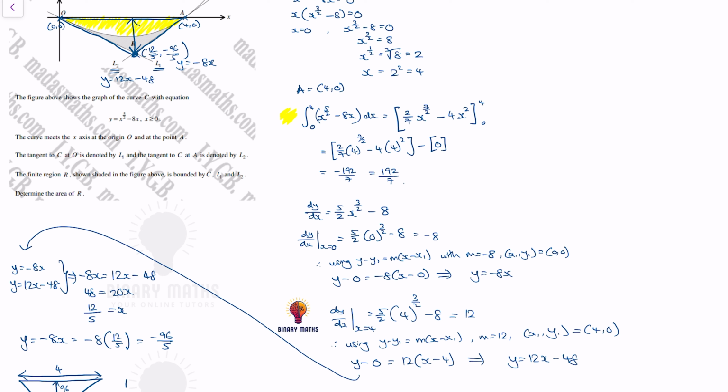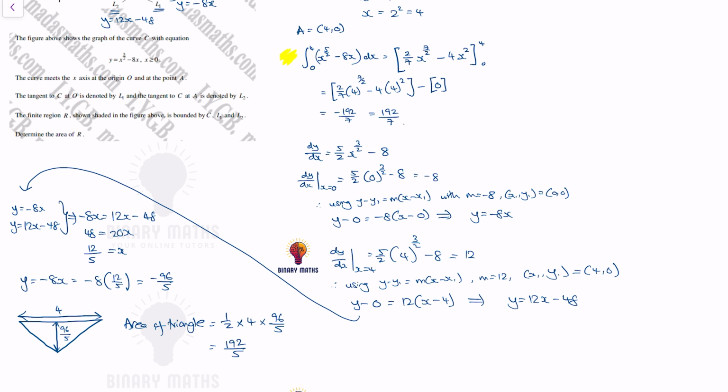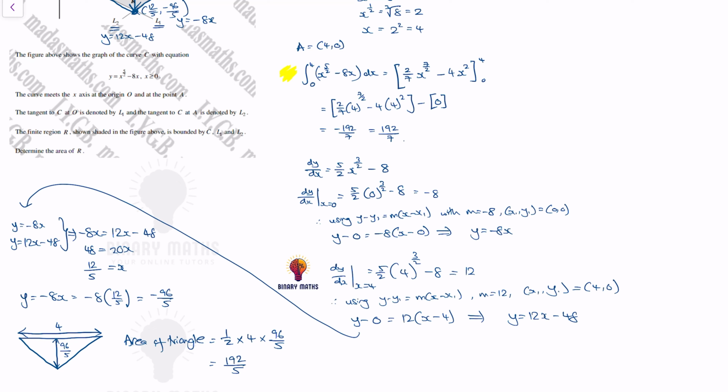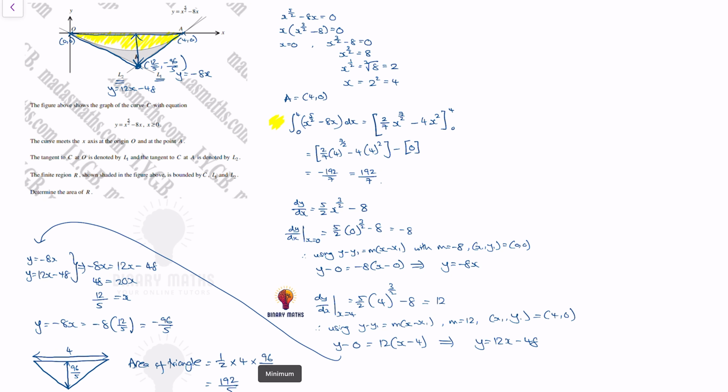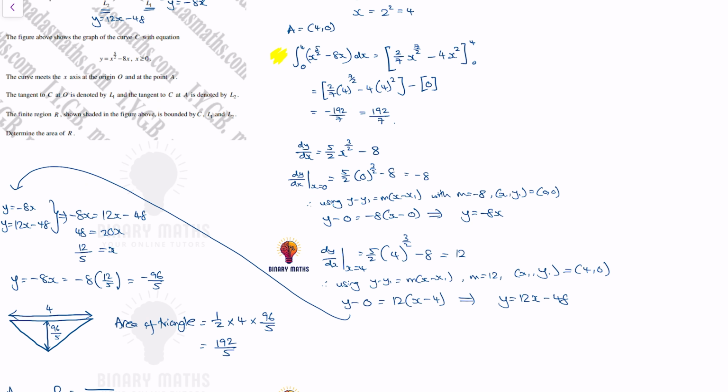So the area of this triangle is equal to half times base, which is 4, times 96 over 5, which gives you a value of 192 over 5. Now the area of R, if you look at it, is the area of the triangle take away the yellow part that you just worked out.